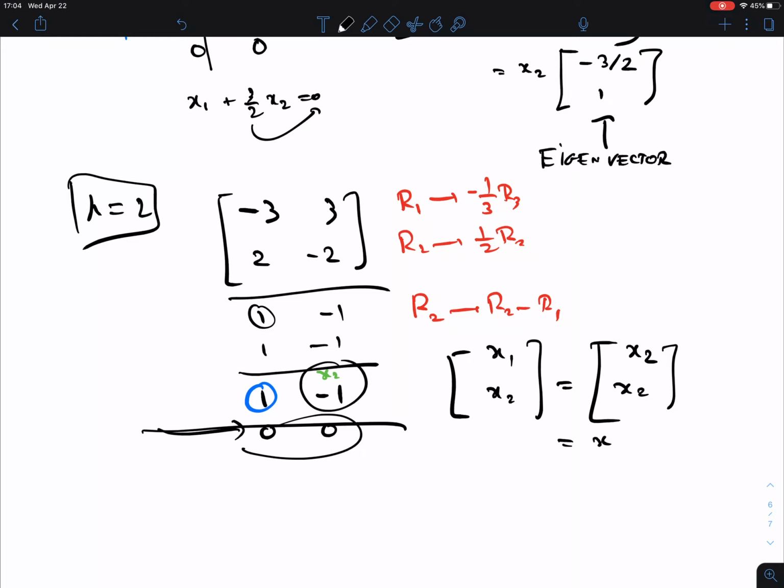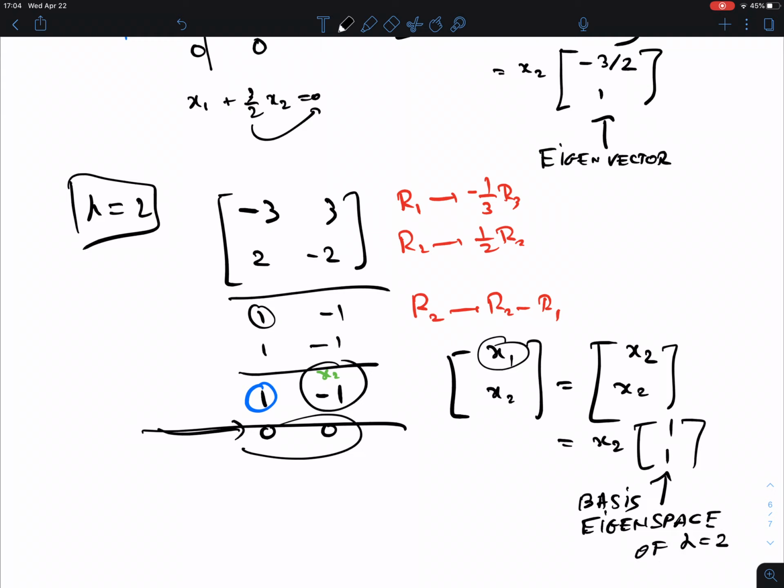We have to look at the pivot rows. The pivot rows give me the values for the pivot variables. What about the free variables? They are just themselves. Okay, so x2 times 1, 1. And so this is the basis of our eigenspace corresponding to the value lambda equals 2. And that's how we solve these things.